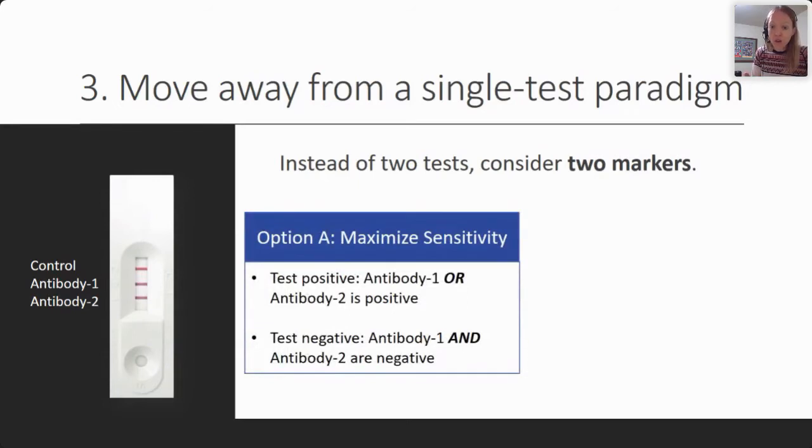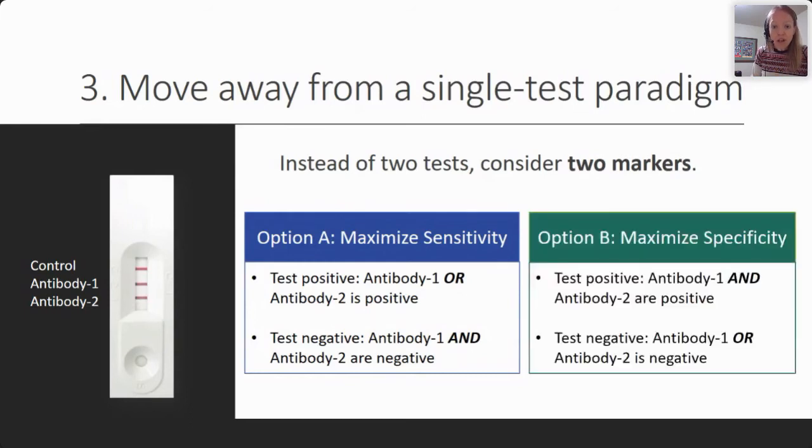So one could interpret the results in a way that maximizes sensitivity by saying that a positive signal for either antibody means that the individual tested positive. Or you could choose to maximize specificity by requiring that both antibodies be present on the test in order for an individual to be considered positive.